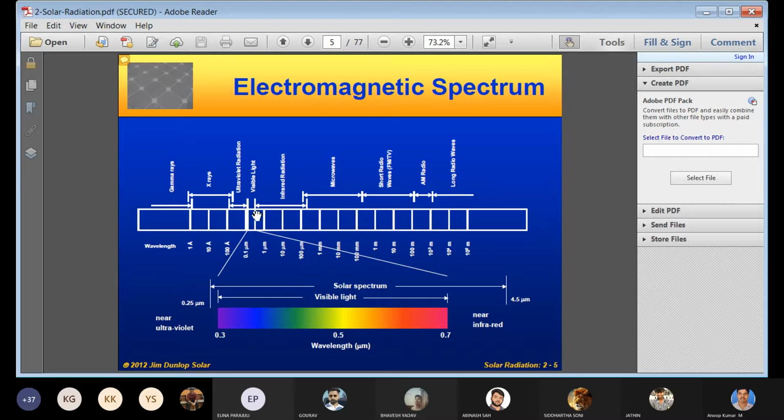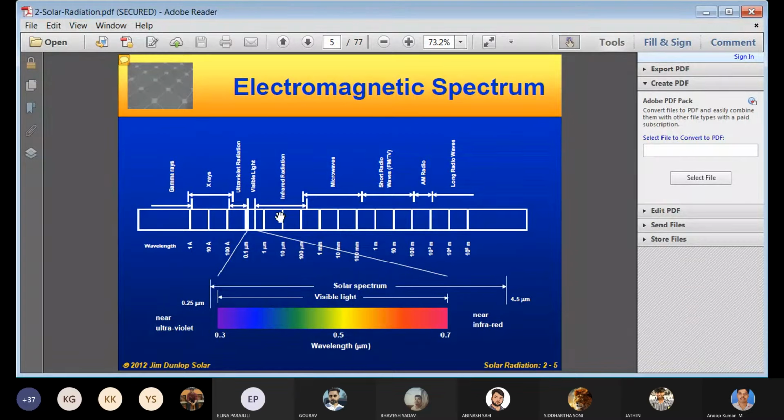The visible light is 0.3 to 0.7. Infrared you can see from the top. This 0.7 up to 100 micrometer or 105 micrometer, it will be infrared.